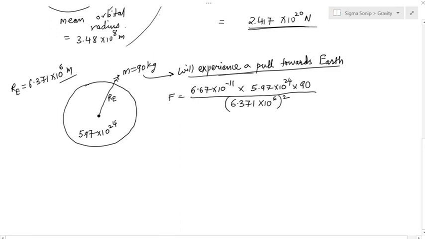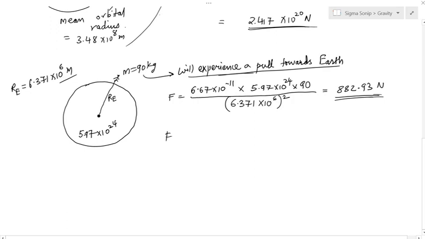And if we calculate this, we will come up with a force of these many newtons. Right? So a 90 kilogram person will experience a pull of 882.93 newtons. Now we know that anything that experiences a force will undergo an acceleration.